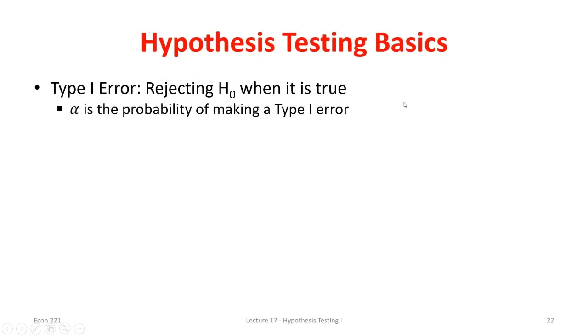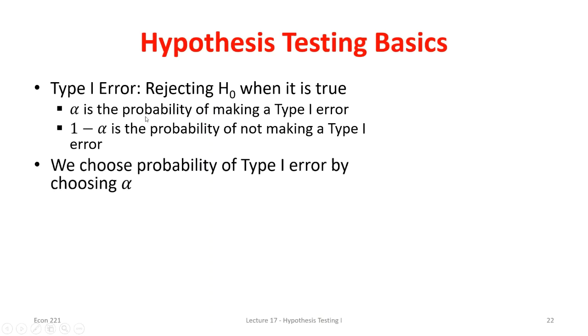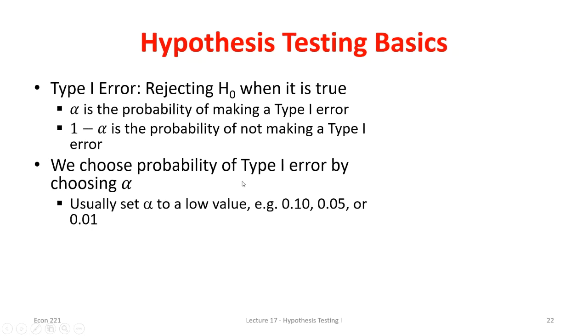Okay, so type 1 error is really represented by alpha, right? The probability of making a type 1 error is alpha. 1 minus alpha is the probability you don't make a type 1 error. We already went over this with the significance and confidence levels, okay? So we are going to be choosing the amount of type 1 errors that we're willing to make. We'll choose alpha, okay?